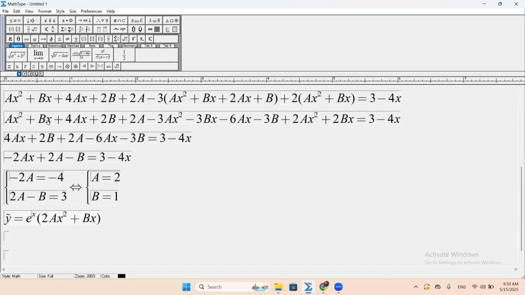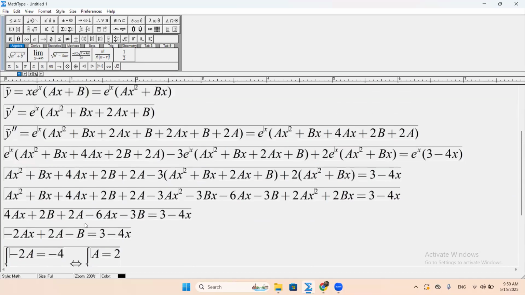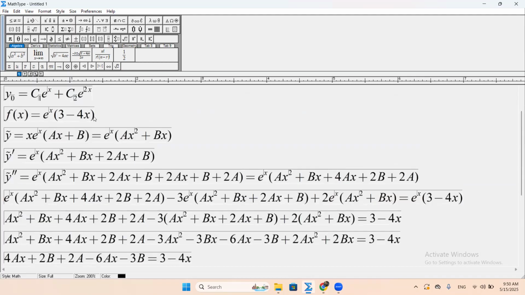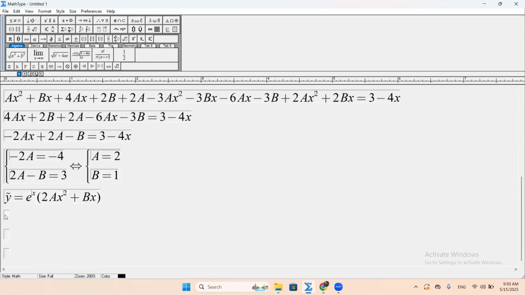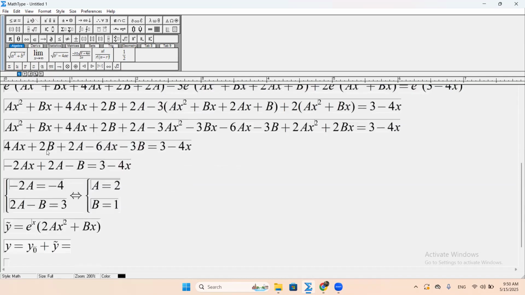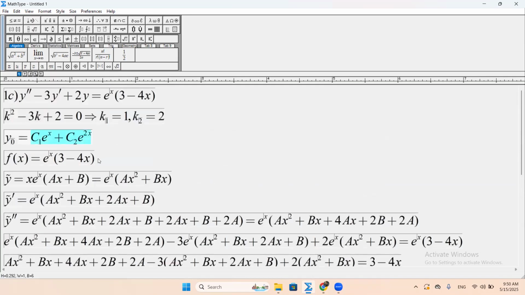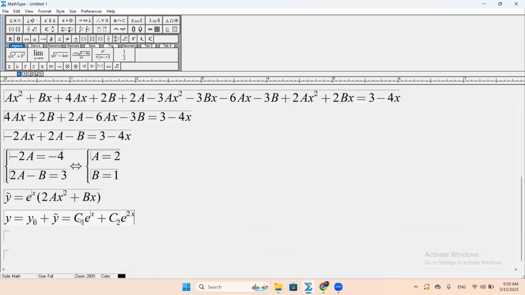Don't forget that the polynomial is also multiplied by x. So the general solution will be y equals y0 plus y partial, the sum of these solutions.